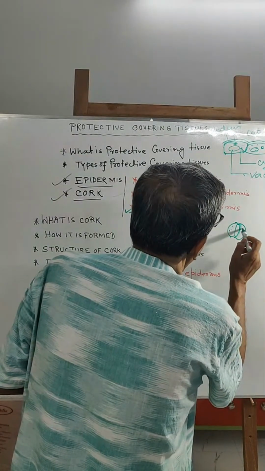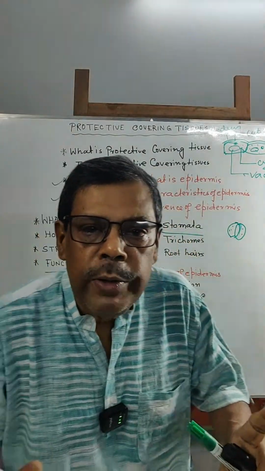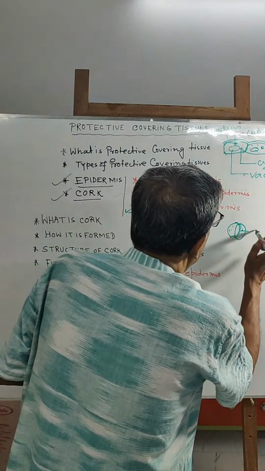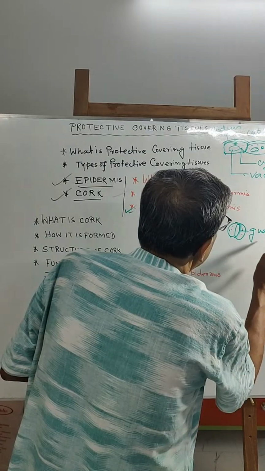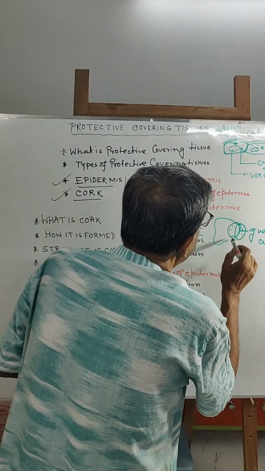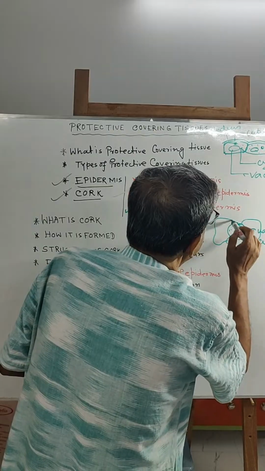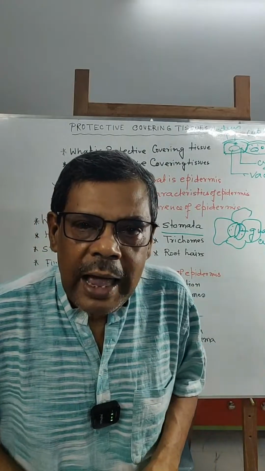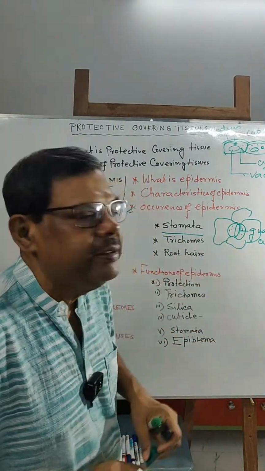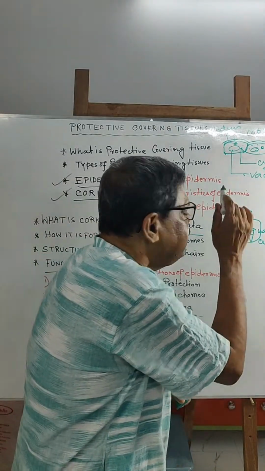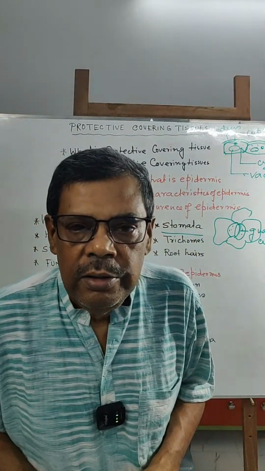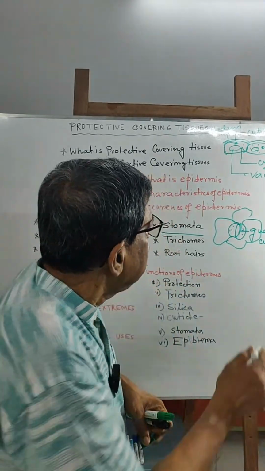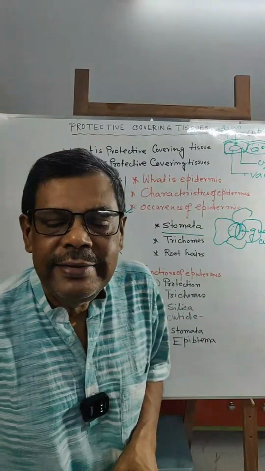The stomata is a microscopic aperture guarded by two guard cells. These are called guard cells. These are called accessory cells, which are arranged by the side of the guard cells. The stomata proper is a microscopic aperture guarded by two guard cells.